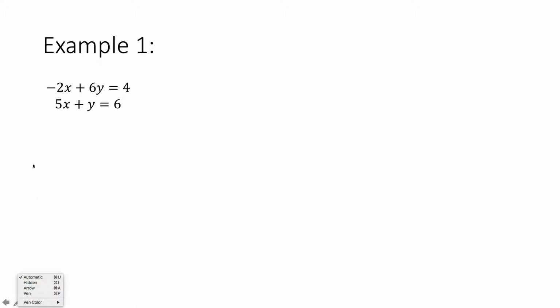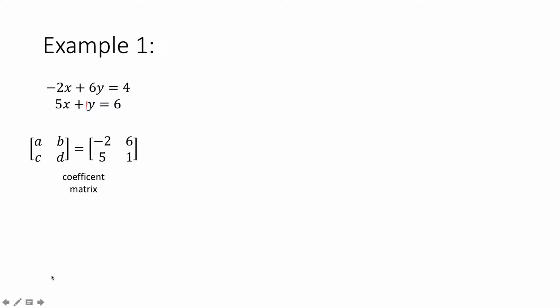Even though I do not see a number in front of the y, remember, if there is no number in front of the y, that number is said to be a 1. So this would be my coefficient matrix: negative 2, 6, 5, and 1.